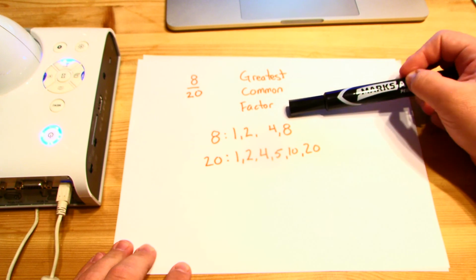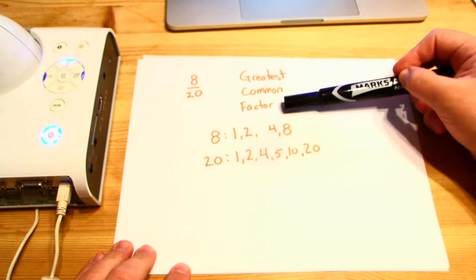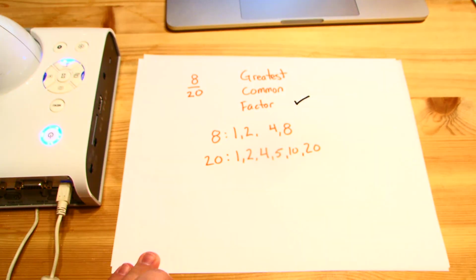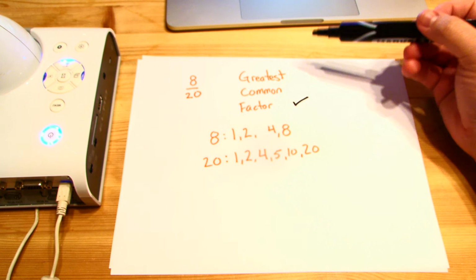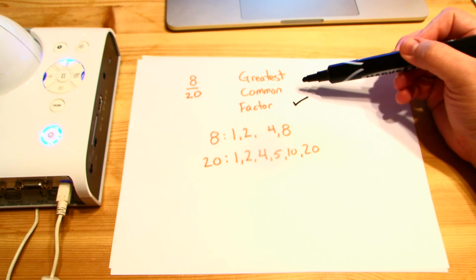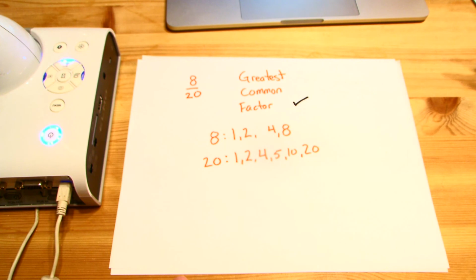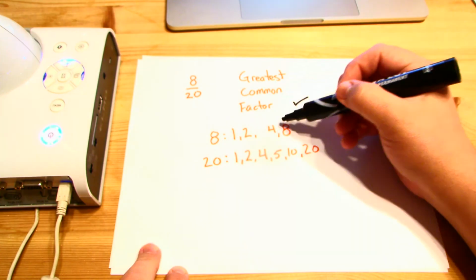So the greatest common factor, okay, we've got the factor part done. Now we're going to be looking for the greatest common factor. So greatest means the most or the biggest. Okay, and common means which one do they both have as a factor.